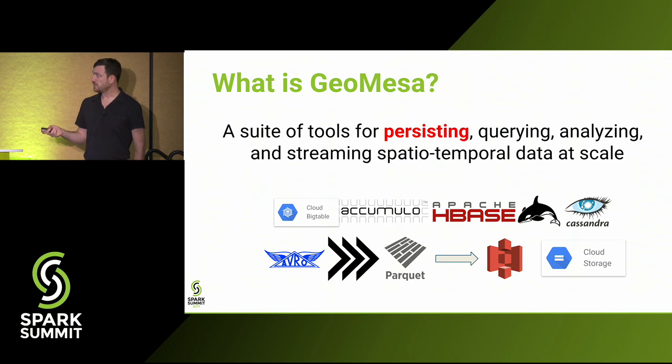And on the bottom row you can see it also supports a very cost-effective model of storing your location data and analyzing it in Google Cloud Storage or S3 in columnar structured file formats for OLAP analytical style queries.